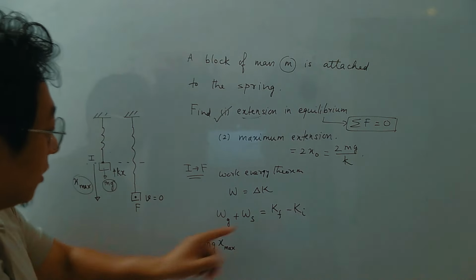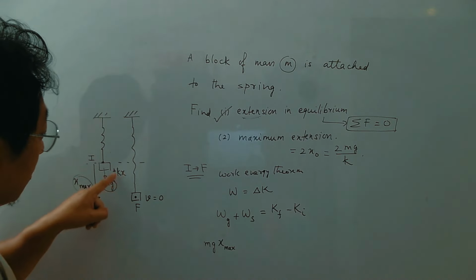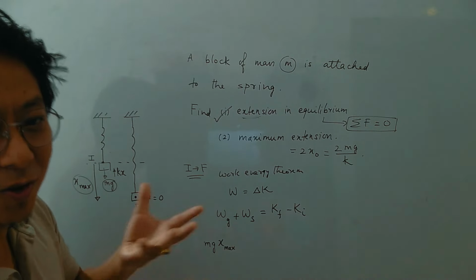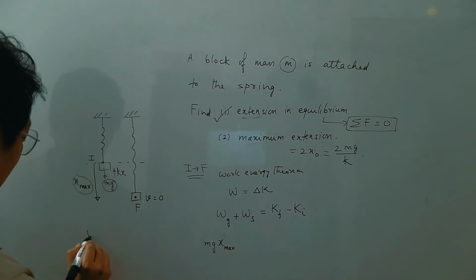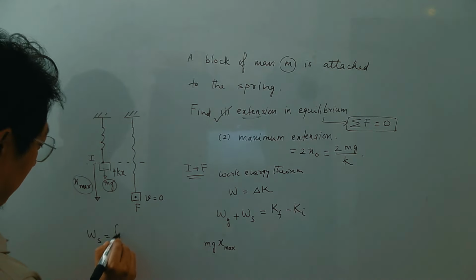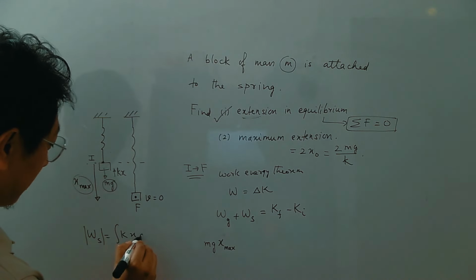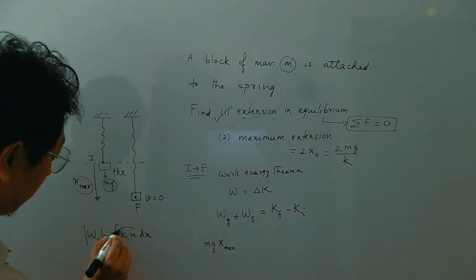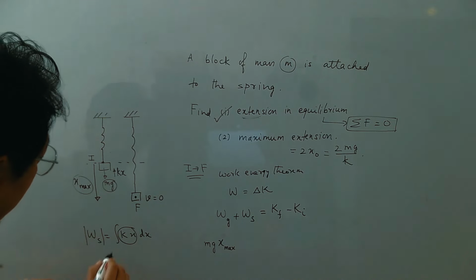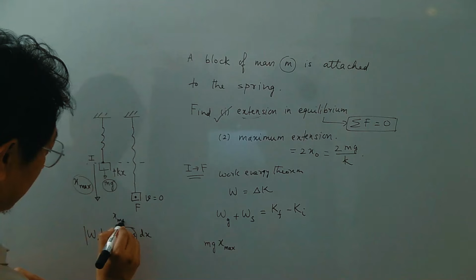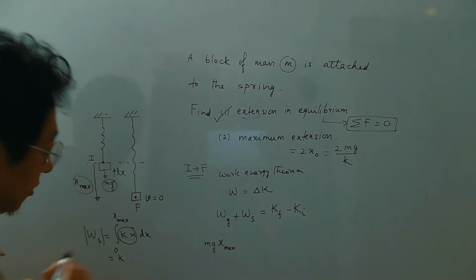Now what would be the work done by the spring? Remember, spring force is variable, so we have to integrate. That integration is very common. You all must know that the work done by the spring force, if you just want the magnitude, is kx dx. So this is the force and this is dx. If you integrate from 0 to x max, k will come outside.